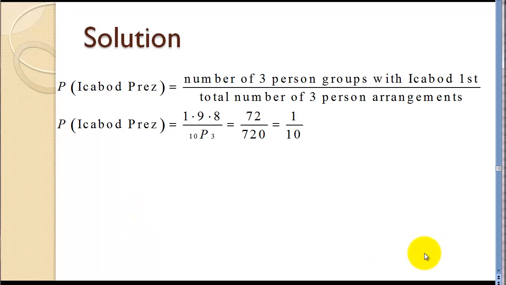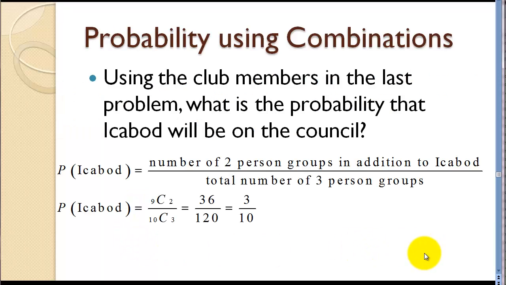Now let's look at our last example. In this case, we are using combinations. We want to know what's the probability that Ichabod will be chosen for the council. So we know that Ichabod will be chosen to be successful, and then we have groupings of 2 other people.